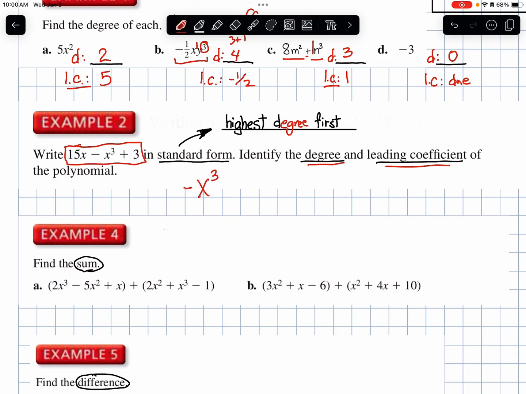Don't forget there's a negative there. The next most important term is the 15x because it's got a variable in it. And then the least important term is the 3. So the degree is 3, and the leading coefficient is negative 1.